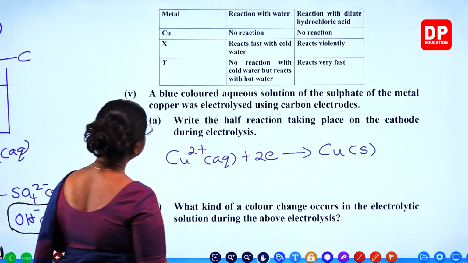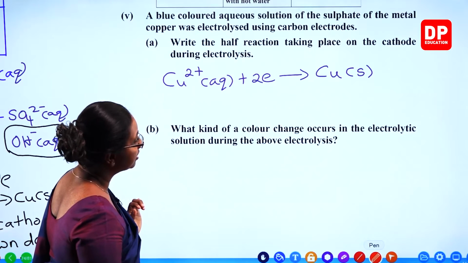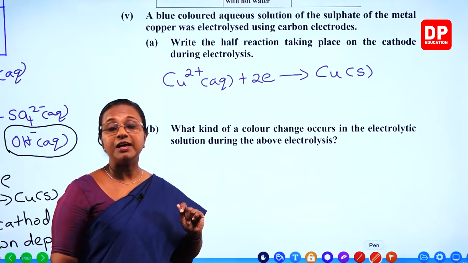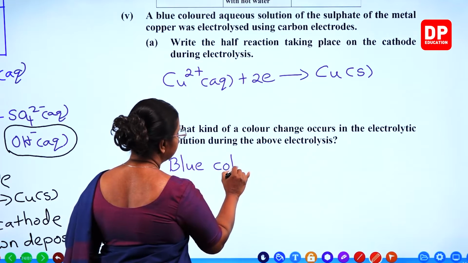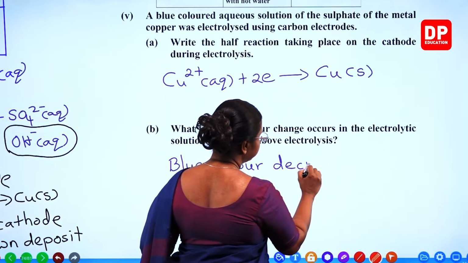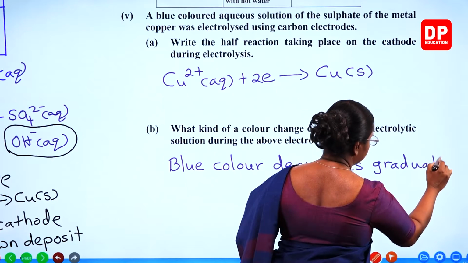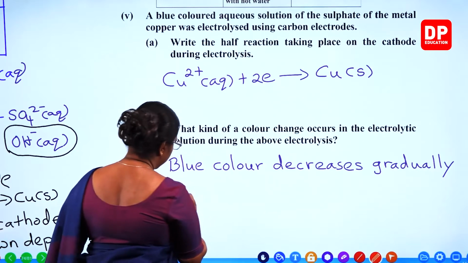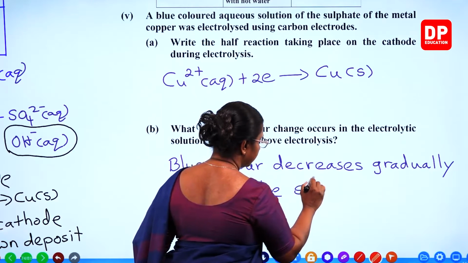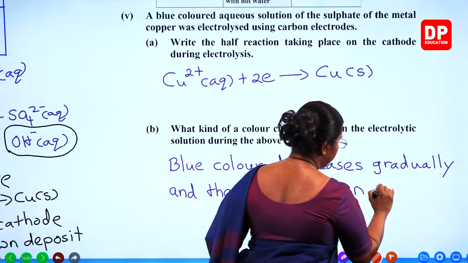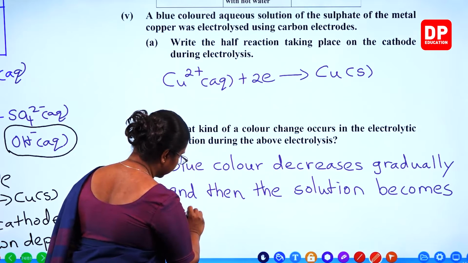So the reduction half reaction taking place on the cathode. Then B part, what kind of a color change occurs in the electrolytic solution during the above electrolysis? So we said blue color decreases gradually and then the solution becomes colorless.